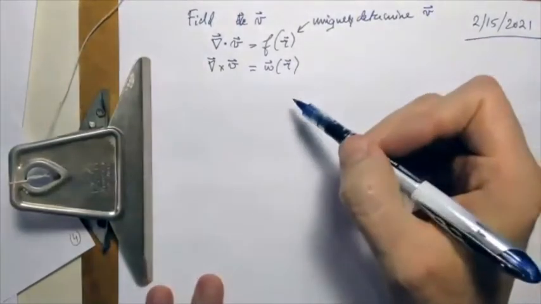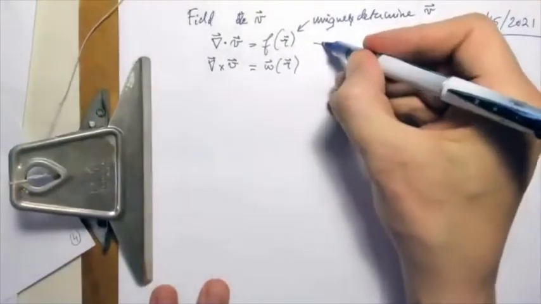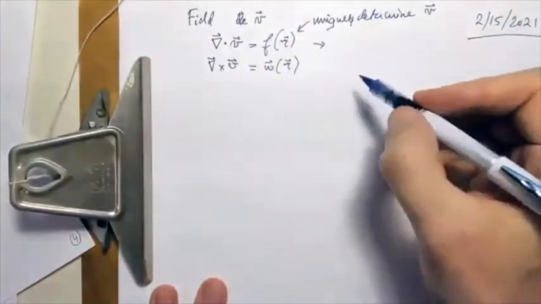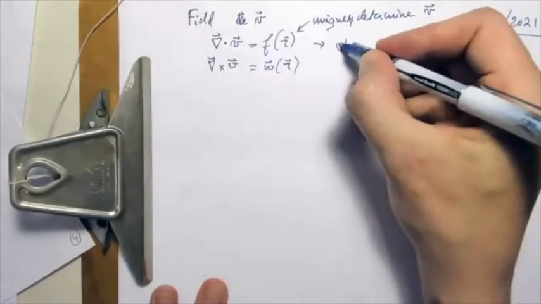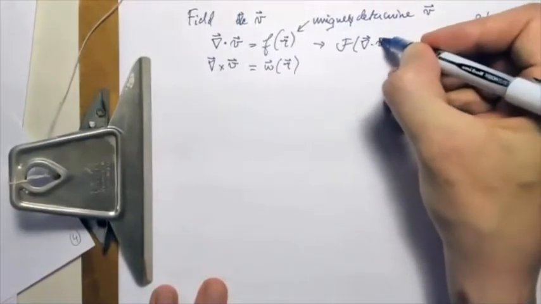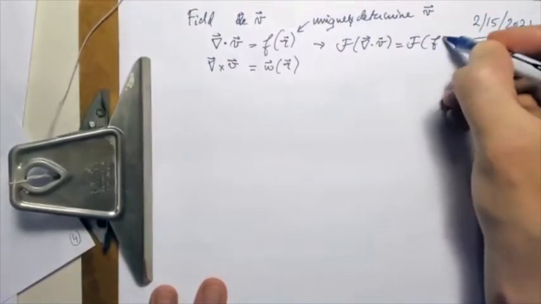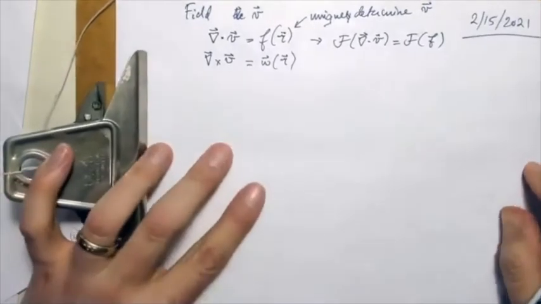So the first thing we'll do is we'll take the Fourier transform of this equation. So we'll take the Fourier transform of the divergence, and that should be equal to the Fourier transform of f.